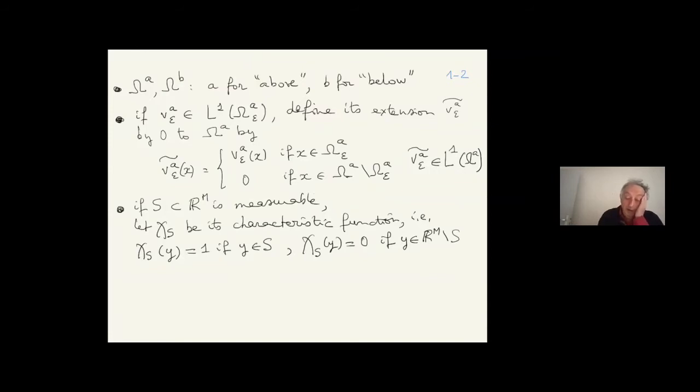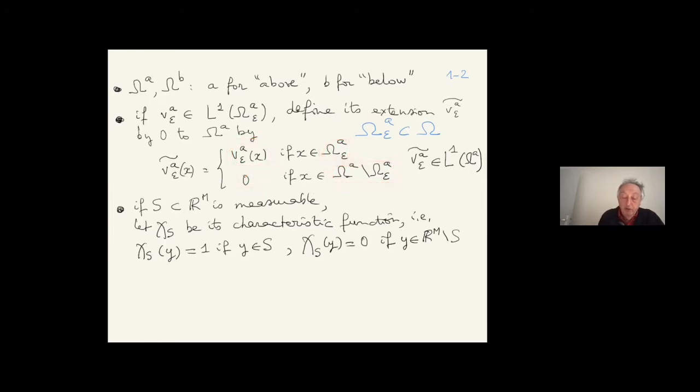A last notation: if I have a function V_A^epsilon, which is defined in a set Omega_A^epsilon, where Omega_A^epsilon is included in Omega, I will define its extension by 0 to Omega_A, V_A^epsilon twiddle, by setting V_A^epsilon twiddle equals V_A^epsilon in Omega_A^epsilon and 0 in Omega_A minus Omega_A^epsilon.